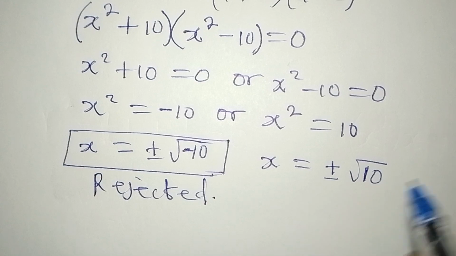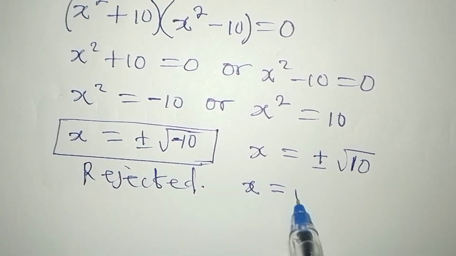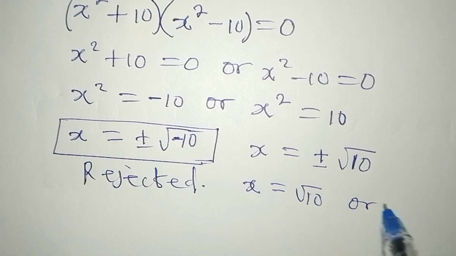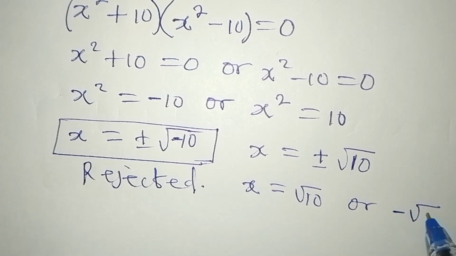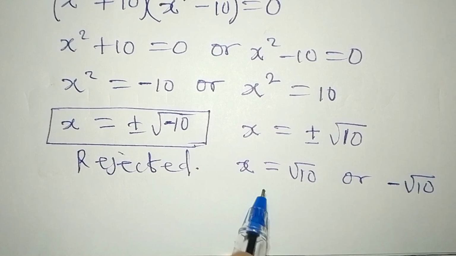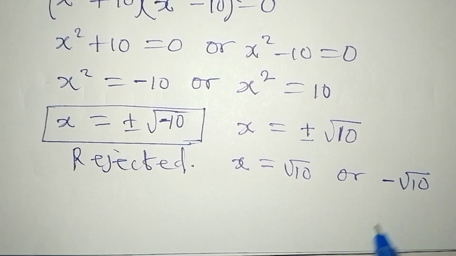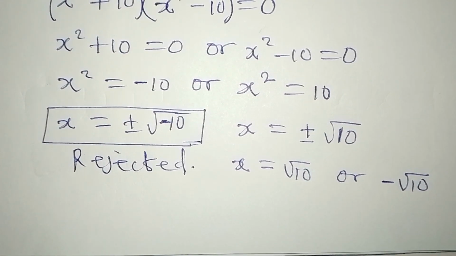So this will be the value of x, meaning that x is equal to root 10 or negative root 10. And I want us to confirm the real solution here. Let's put it back into the equation and see if it will satisfy.